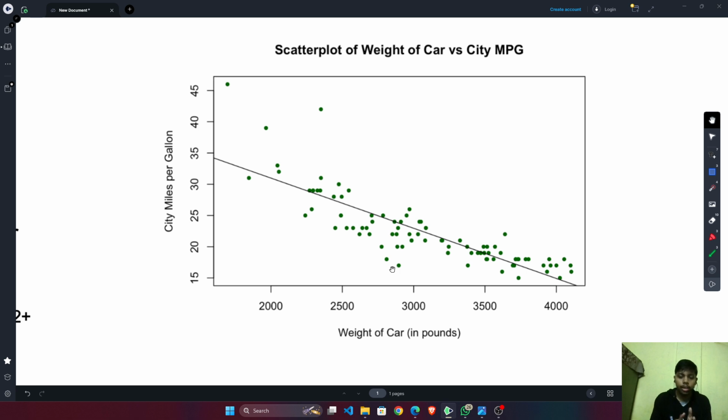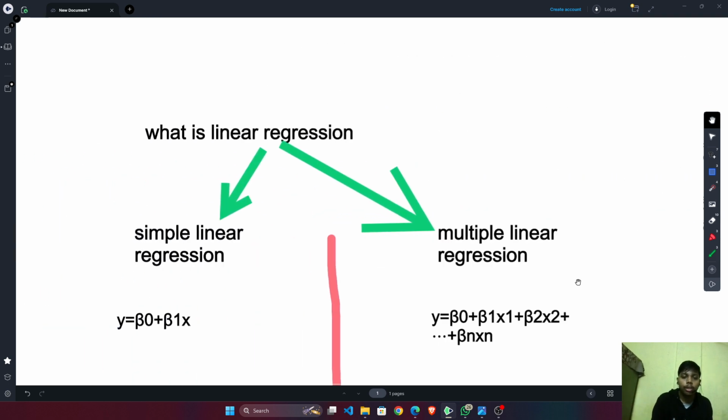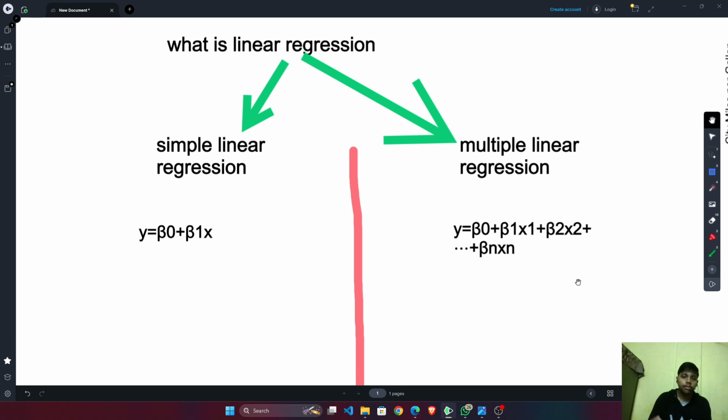We define the relationship between dependent variable and independent variable with a linear graph. You can see a straight line here. So we define the relationship with a linear graph, that is why I call it linear regression. Linear regression has two types: simple linear regression and multiple linear regression.